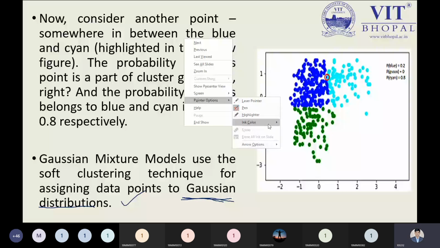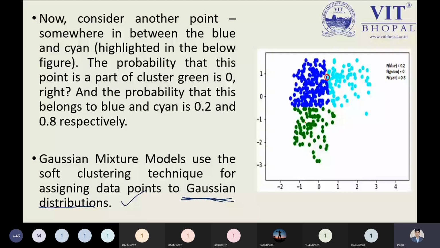Suppose I'm choosing this blue color point. What is the probability of blue here? If suppose there are 3 clusters, blue, cyan, and green, the blue probability will be 1, and the other probabilities would be 0.